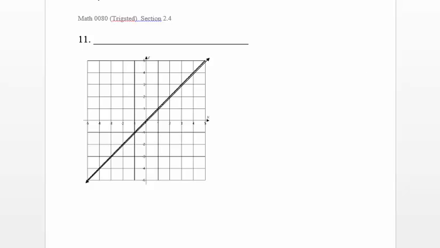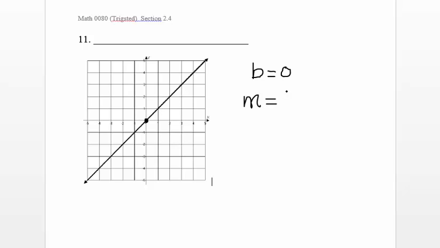Number 11, my y-intercept is actually 0. I'm right at the origin, the point where the x and y axis cross. So b is equal to 0. I see if I move 1 unit up, I have to move 1 unit right to get back on the line.